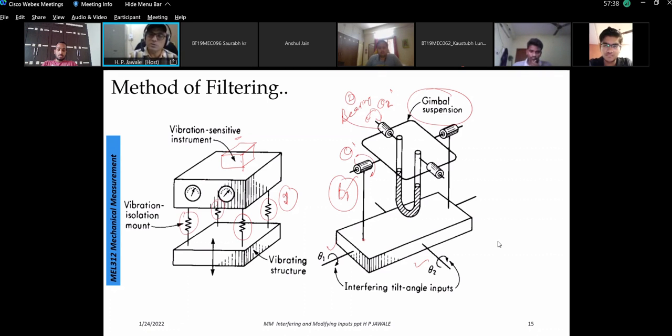It will not allow the signals to go in. The signals theta 1 and theta 2, which are going to act as input signals for interfering and modifying the desired signal, will be restricted by the gimbal support. Again, this is a mechanical filter.